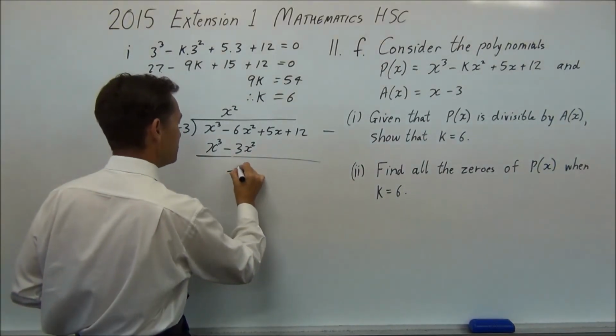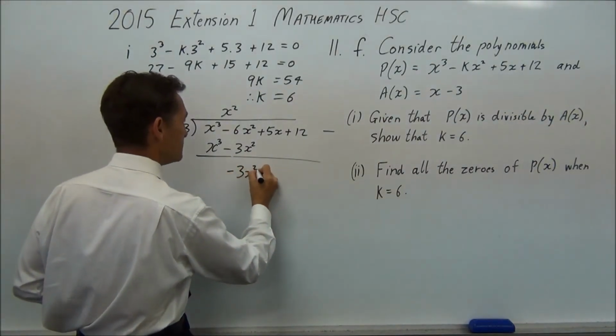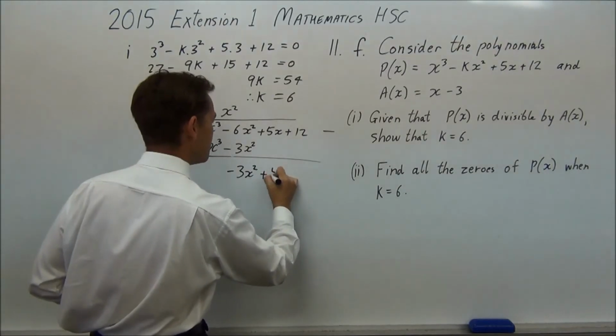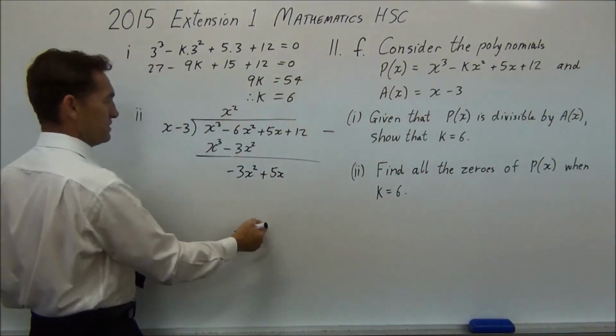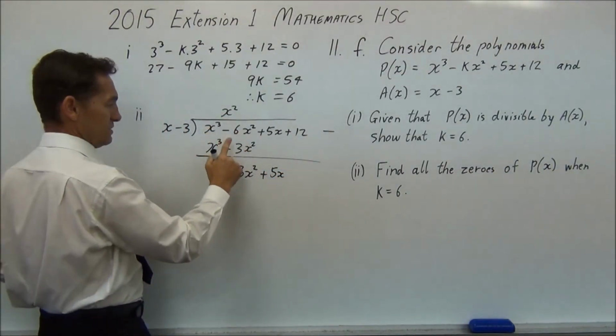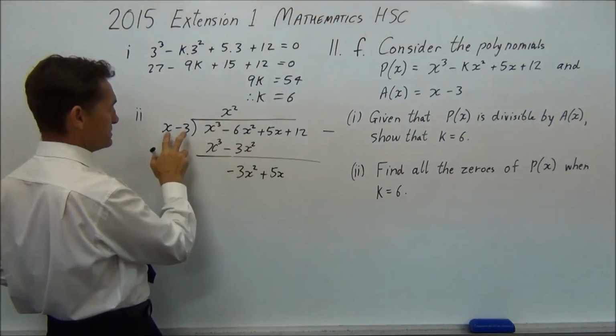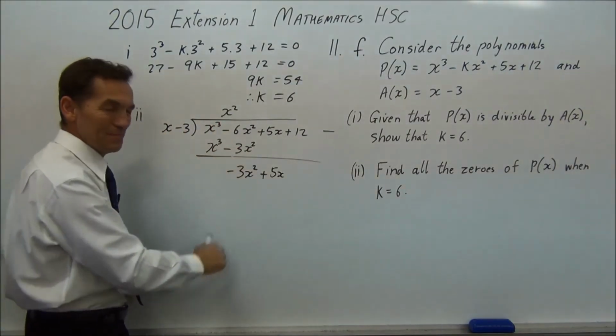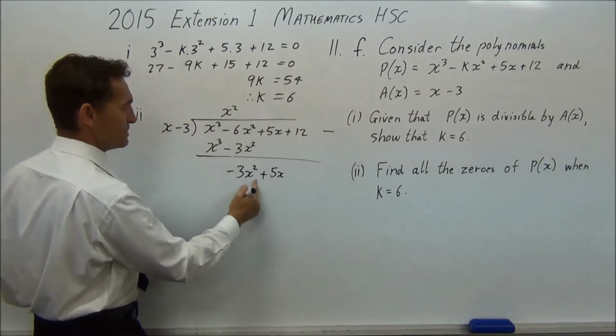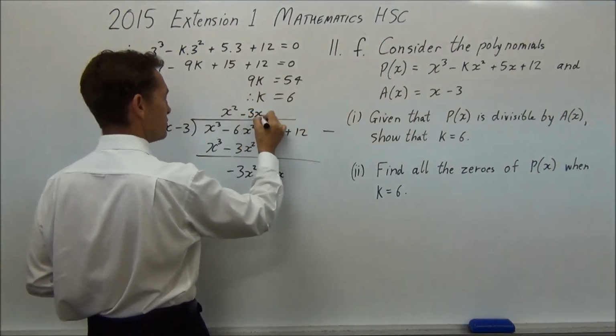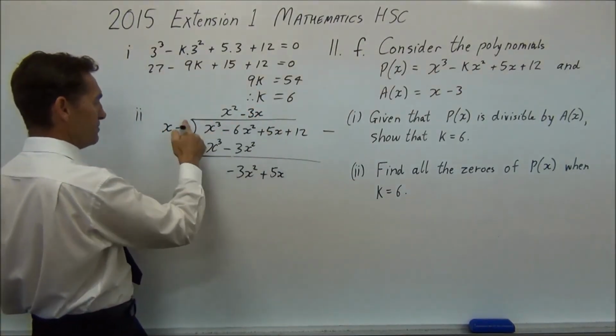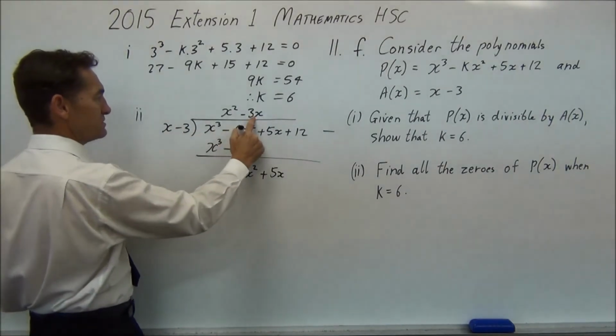We're still going to have a negative 3x squared. Bring down the next one, 5x. How many times does x go into minus 3x squared? Well, minus 3x.